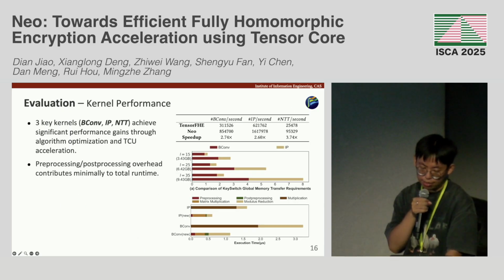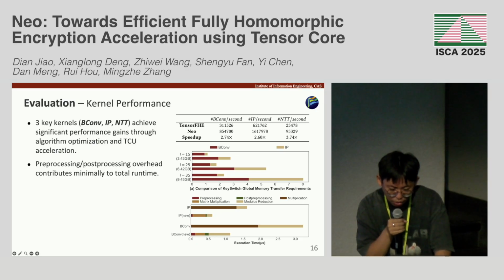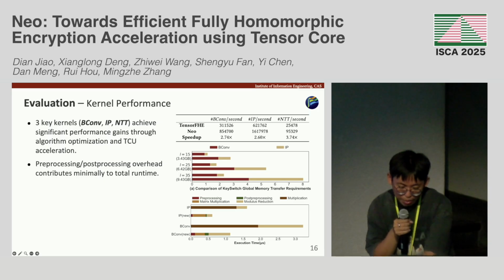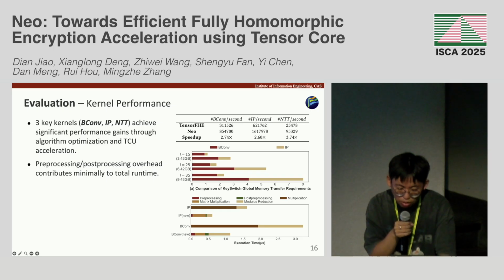Let's further break down the performance improvements of the three key kernels, which serve as supporting results of the application performance enhancements. For base conversion and inner product, through algorithmic and data layout optimizations, global memory transfers are reduced by about 2/3, combined with tensor core acceleration.